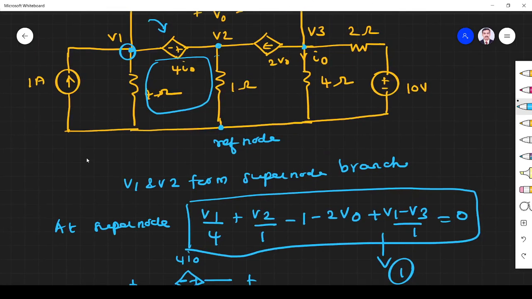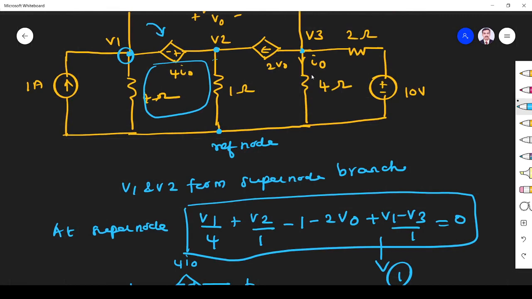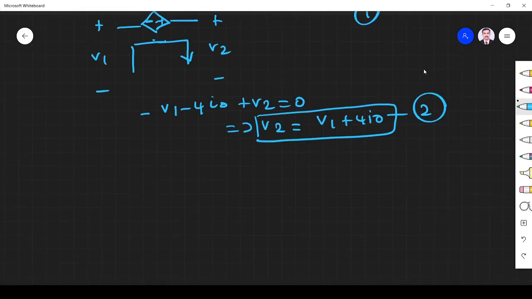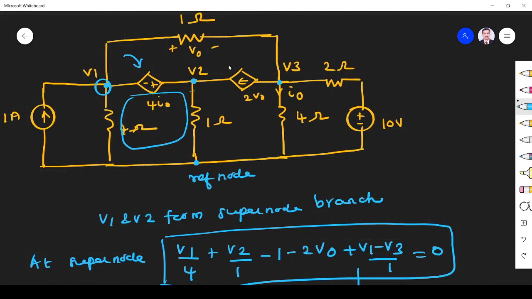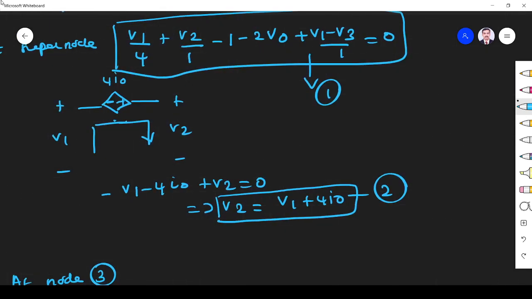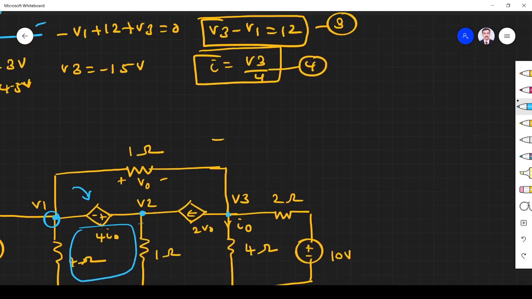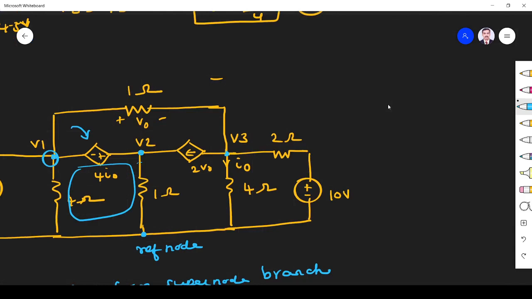Okay, now node 3 is a non-supernode, so we can apply KCL directly. At the supernode we have to apply both KVL and KCL. At node 3, what will happen? Here you see we have four branches. 2V0 current is going outside, so it is 2V0 for this branch.